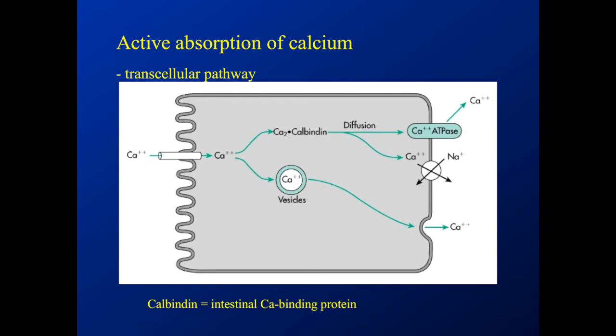There's a transcellular pathway where calcium comes in through calcium channels, and then this binds to calbindin, which is an intestinal binding protein, and then this will diffuse to the other side of the cell, where calcium is pumped out in exchange for sodium, or is actively pumped out via this calcium ATPase. But calcium is also thrown into vesicles and then is passed across the basolateral membrane via exocytosis.